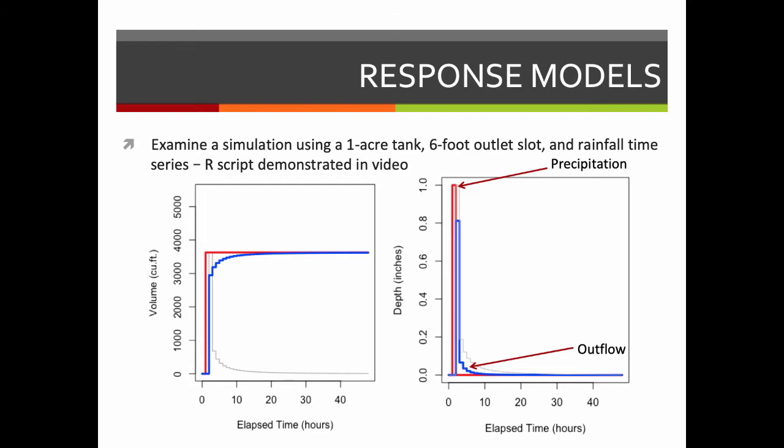So our first case is a 4-foot outlet, I think. It says 6-foot outlet slot, but I don't think it's that big. And they're all laid out the same way. We have a precipitation signal in red, the outflow hydrograph in blue, and then in light gray, barely visible, we have the storage either in watershed inches or in volume.